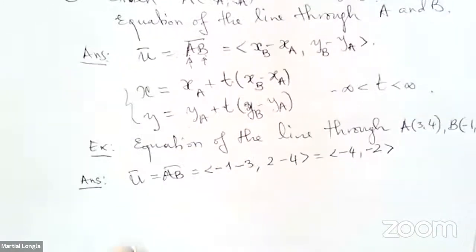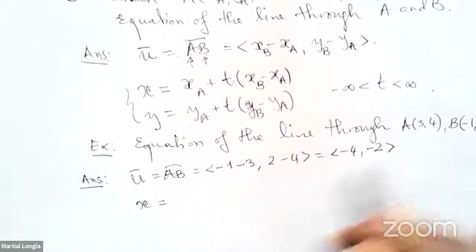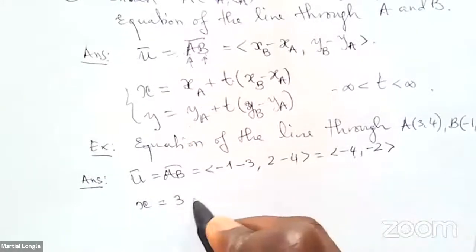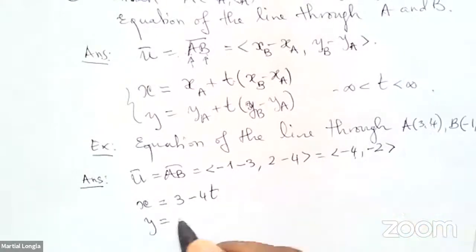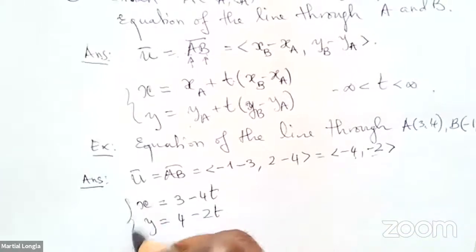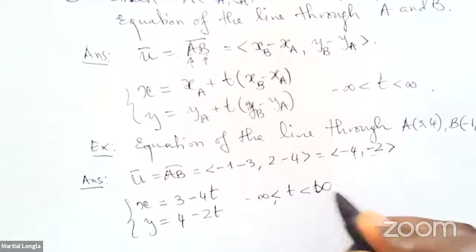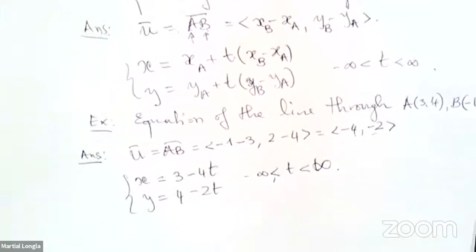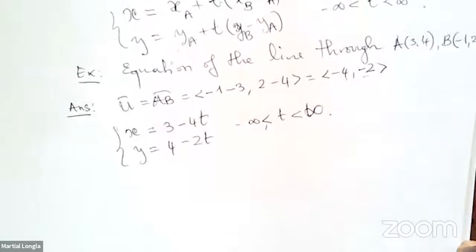That's the direction. And so I say x equals xA, that is 3, plus (-4)t, y equals yA, that's 4, and then minus 2t, negative infinity less than t less than infinity. Is this clear? Yes. So that's it. That's how it goes.